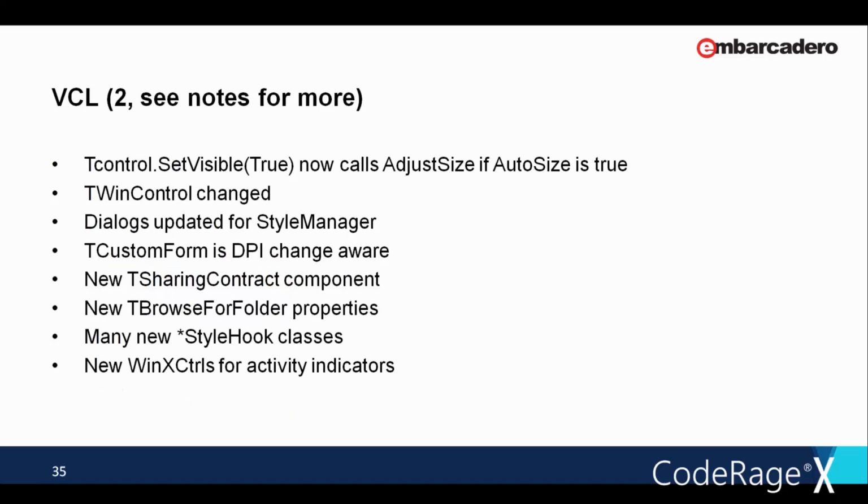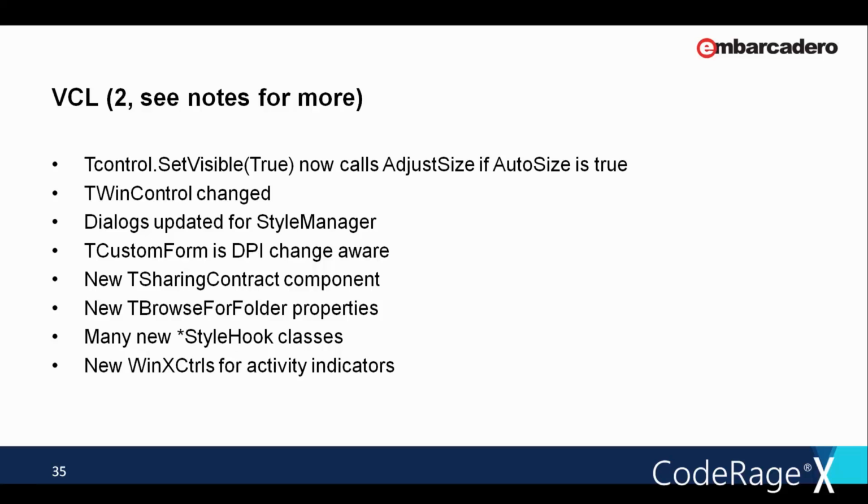TControl SetVisible true is now optimized. Some things, repaint and stuff, only happen if true is set now, and AdjustSize is called if AutoSize is true. TWinControl has changes. The dialogs are updated for Style Manager, so that's been improved.